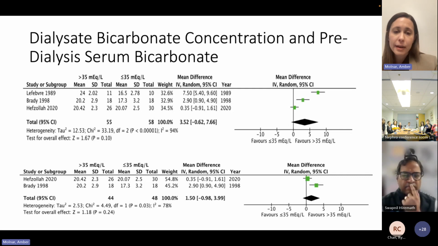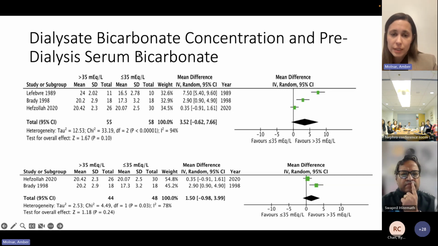And so we were able to meta-analyze 3 of the trials that we included in our review. And when we did so, we found that there was a mean difference of 3.5 millimoles per liter in the pre-dialysis serum bicarbonate concentration with a higher dialysate bicarbonate concentration.